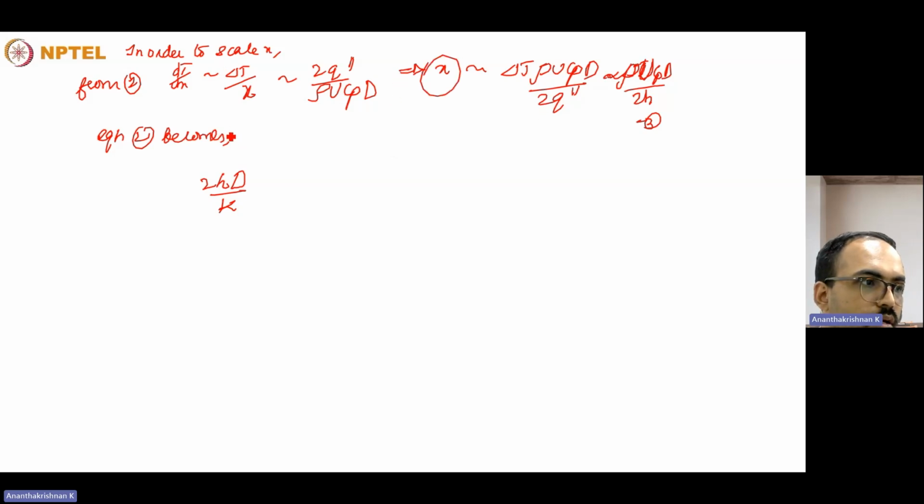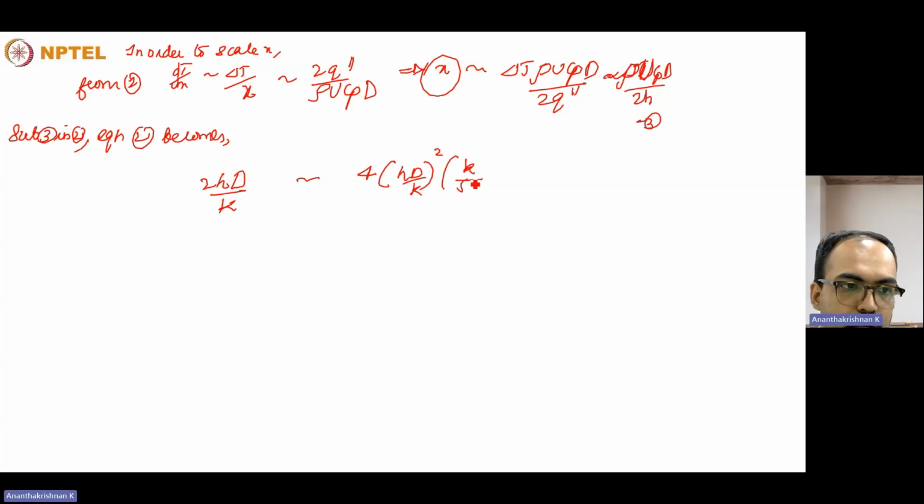Substituting 3 into equation 2, it becomes 2hD by k, and instead of x we write ρUCpD divided by 2h. So the new equation by simplification will come as 4h²D² by k² divided by ρCpUD, the whole squared, and the last term will be 1.